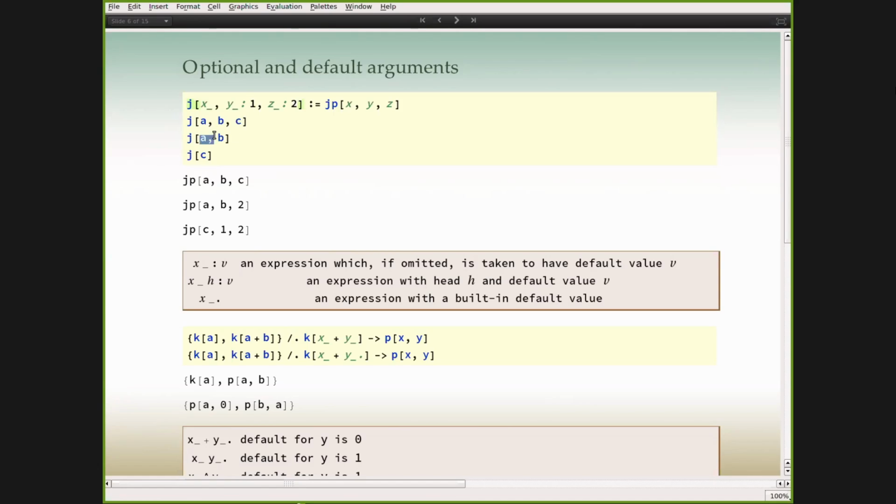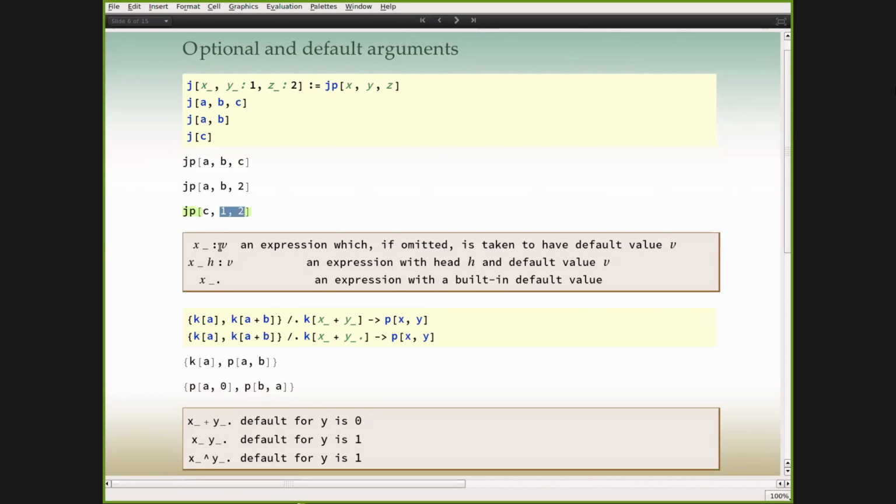But if I skip the last argument, then the default value 2 will be taken. Again, when I have only one argument, the second and the third will take the default values. You can of course combine this with what we have learned already, that we also use the head of the expression and the default value of that expression.